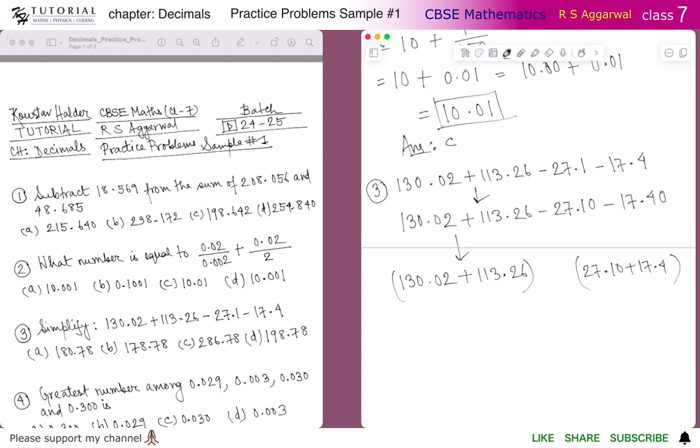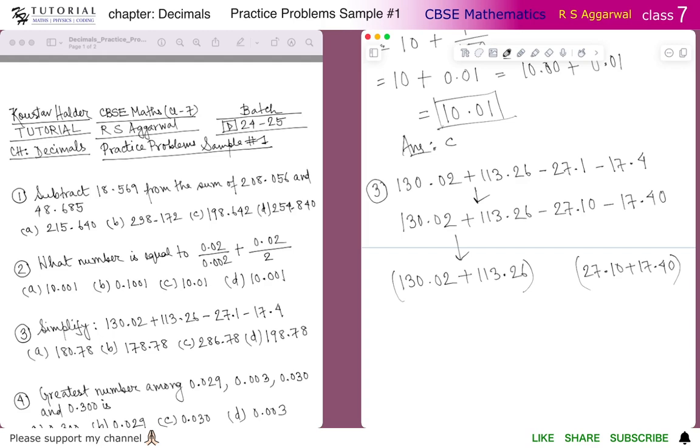So what basically we are doing is subtracting the numerical sum of all the negative decimals from the numerical sum of all the positive decimals. Now what is meant by the numerical value of a number? That number could be a fraction, decimals, natural numbers or whole numbers.